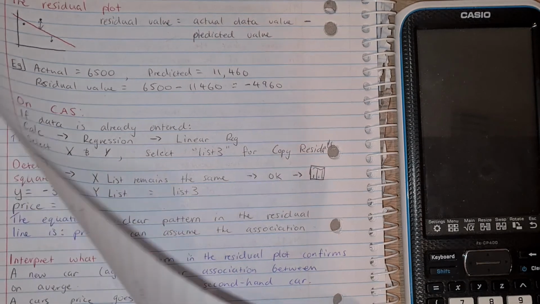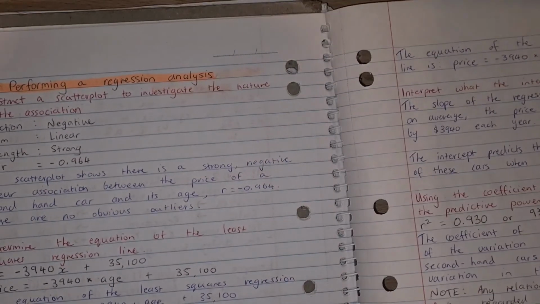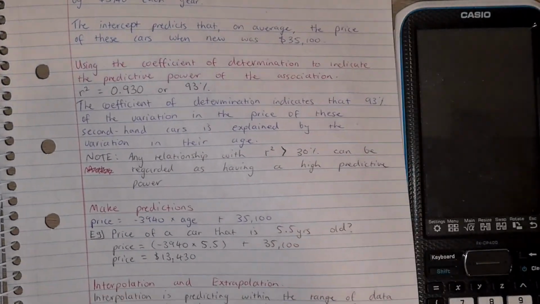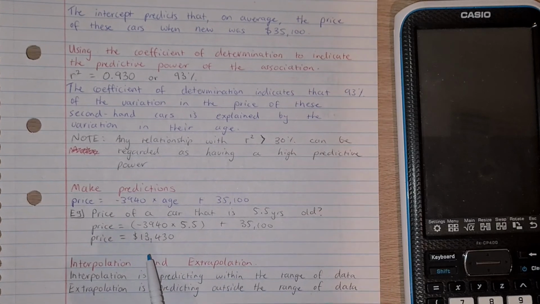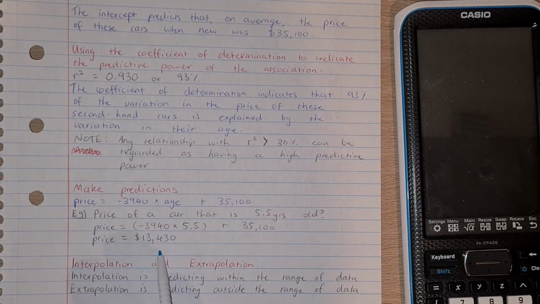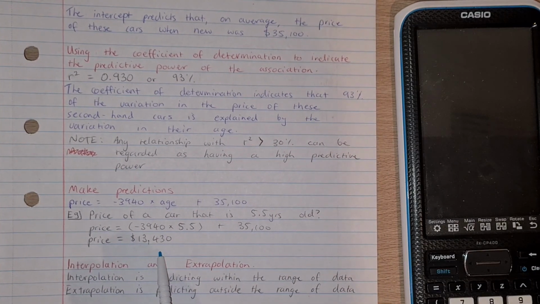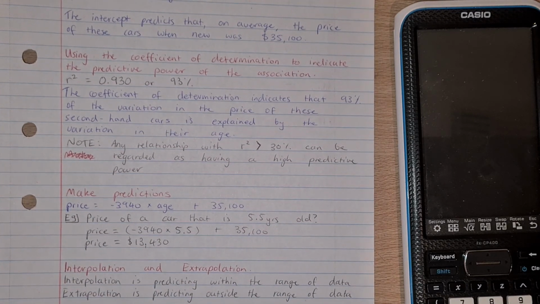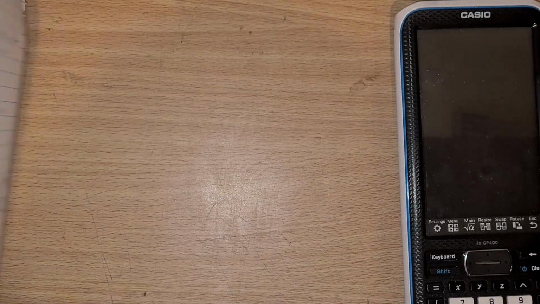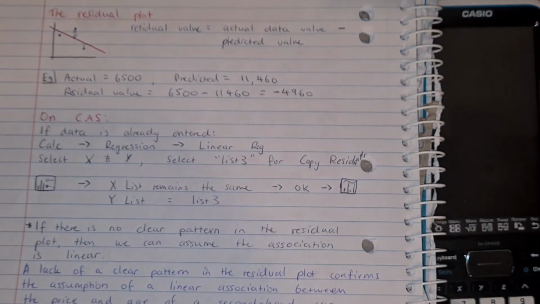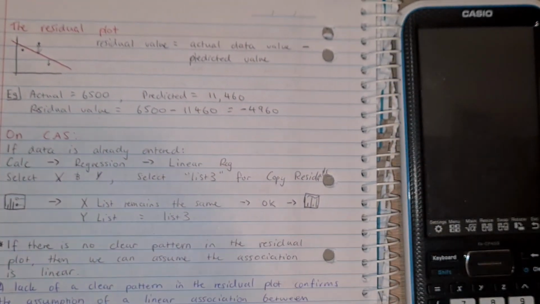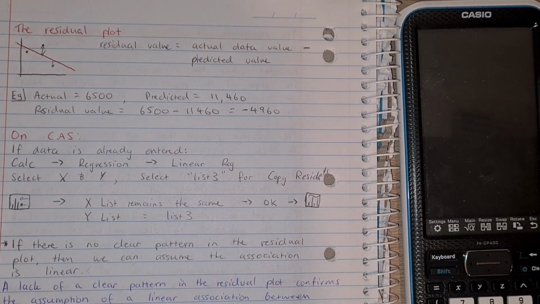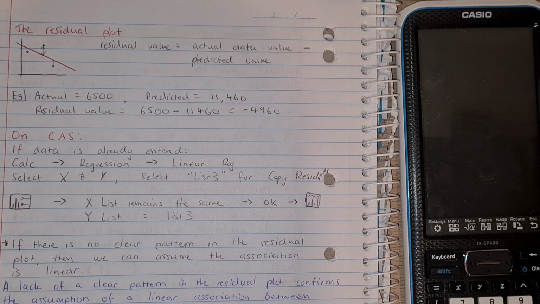The main takeaways though, the only new pieces of information that we really learnt were how to make predictions using the least squares regression line, what the terms interpolation and extrapolation mean, and probably most notably, what a residual plot is and how it can give us an insight to whether our assumption of linearity is appropriate or not.